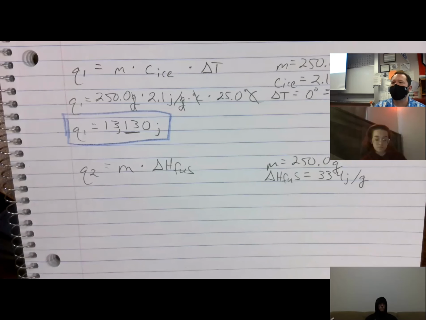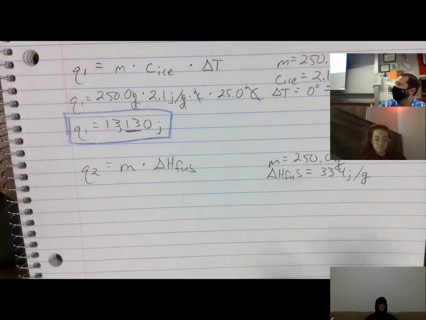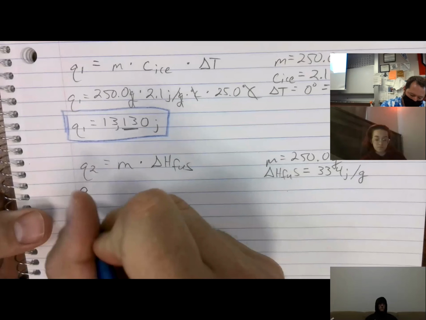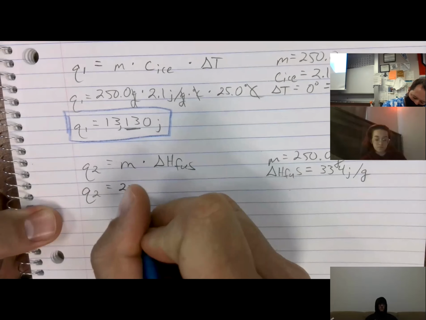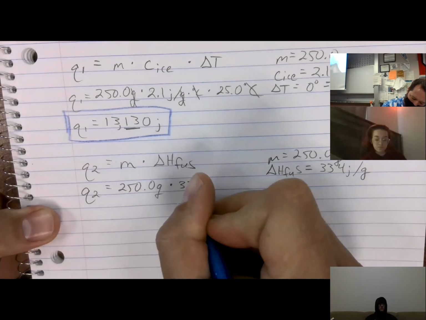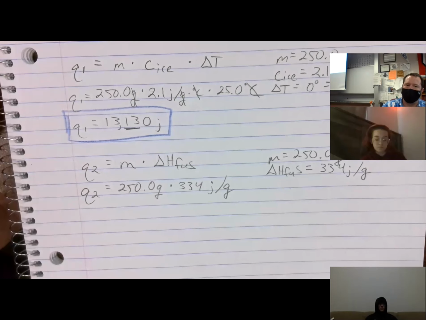So cool, this isn't that much of a calculation, huh? All we really have to do is remember, or not even memorize, just remember the formula to use, and there we go. Q2 is 250.0 grams times 334 joules per gram.